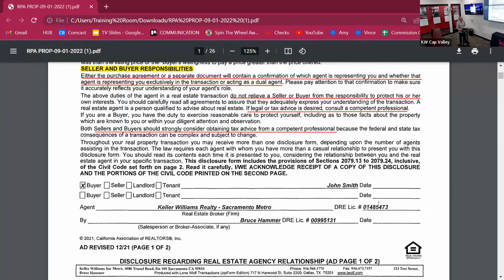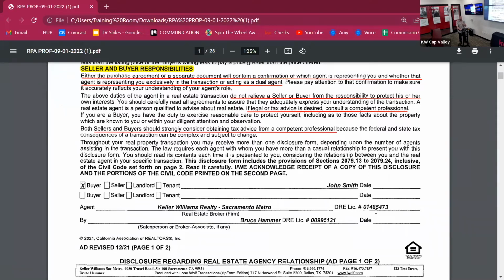This is the broker's number as assigned by the Department of Real Estate. And if you're ever in doubt as to what somebody's license number is or what license number they have, you can always go to dre.ca.gov, go to the link consumers, and then verify license, and key in a last name or a company, and it will give you all this information right there.